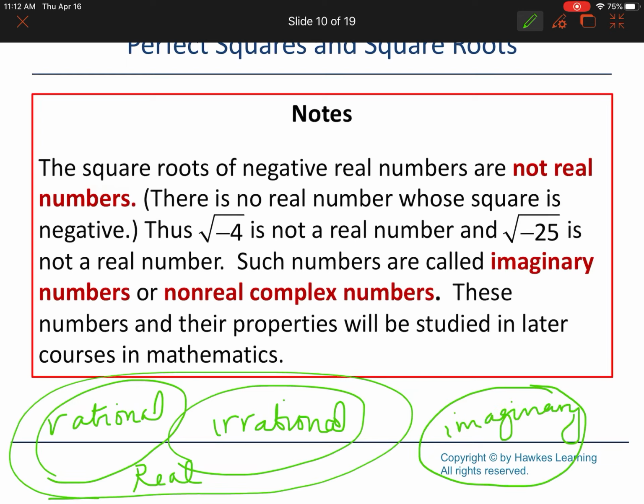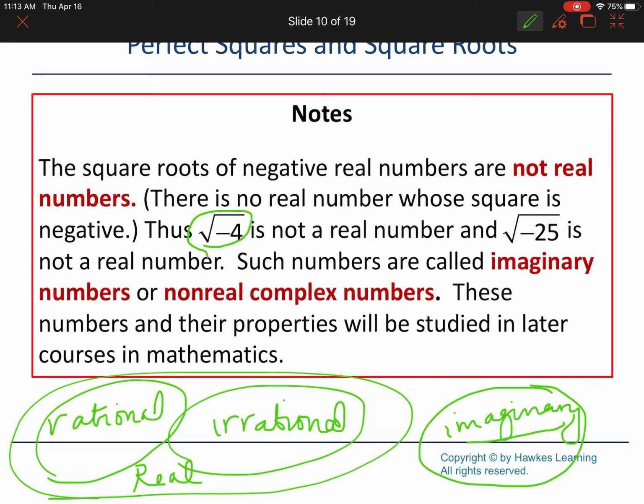And so they come from the ones that we can't find an answer to, right? So the square root of -4 doesn't exist in our real numbers. There is no number that I can multiply by itself and get -4. You can't, because if it's a positive number, then when you multiply by itself, it'll be a positive number. But if it's a negative number, if I multiply by itself, it'll also be a positive number.